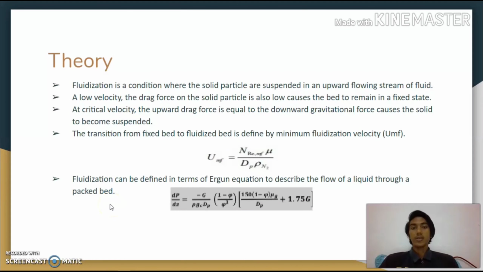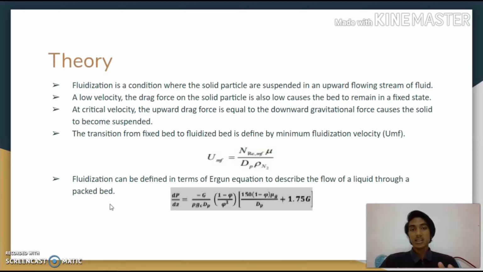In theory, fluidization is a condition where the solid particles are suspended in an upward flowing stream of fluid, and the fluid can be either gas or liquid. At low velocity, the drag force on the solid particles is also low, which causes the bed to remain in a fixed state, also known as a fixed bed.